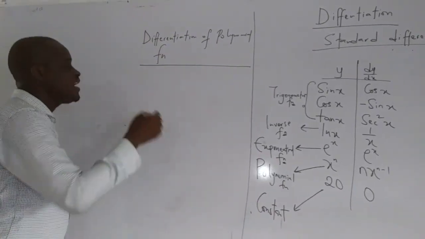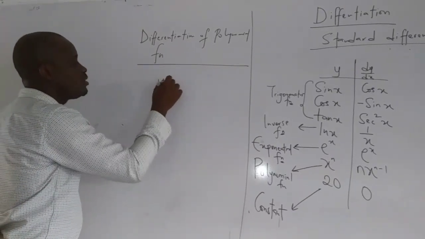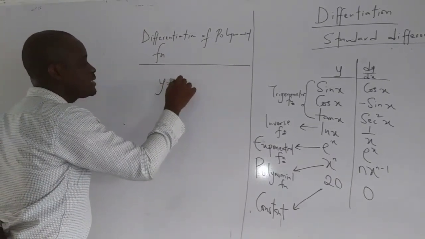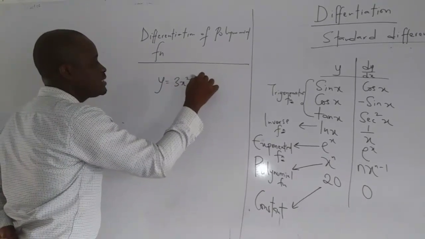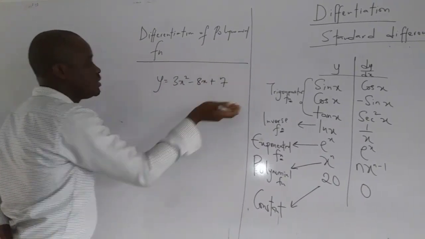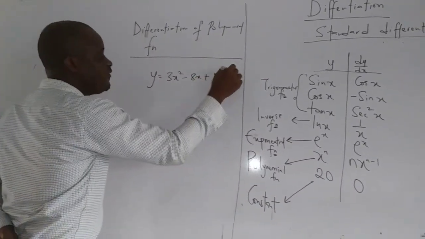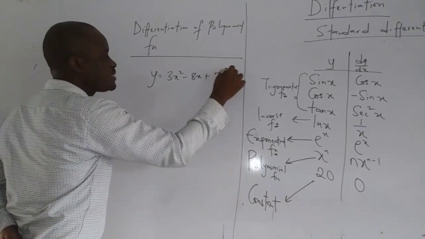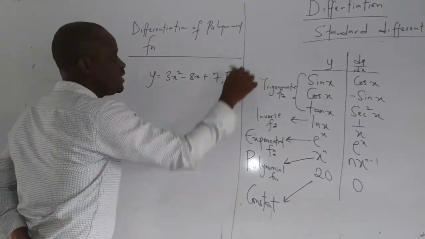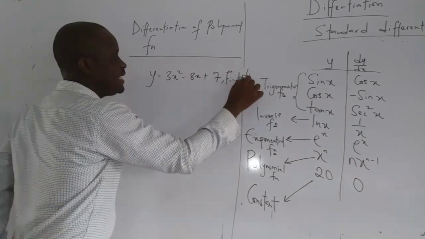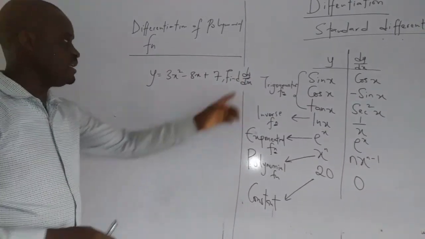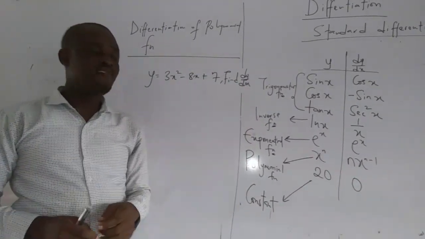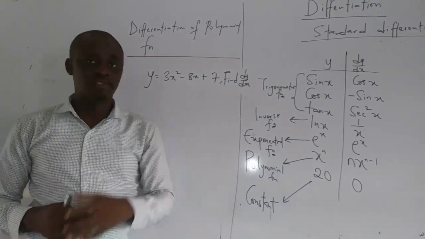So for instance, if I have a question like y equals 3x squared minus 8x plus 7. So the question could be, find dy/dx. Now take note, dy/dx is your first derivative. When you have d squared y over dx squared, that is your second derivative.